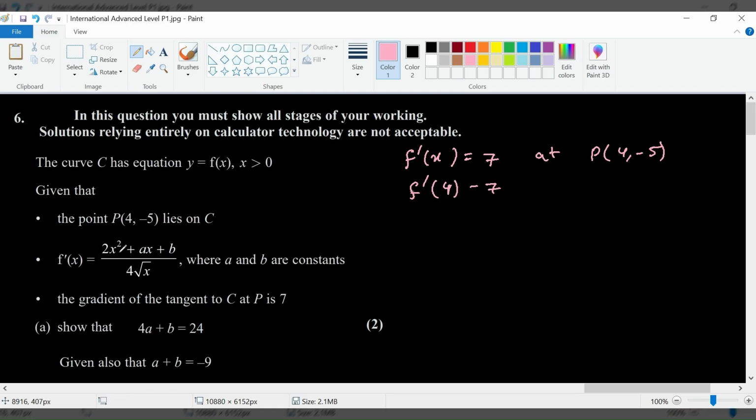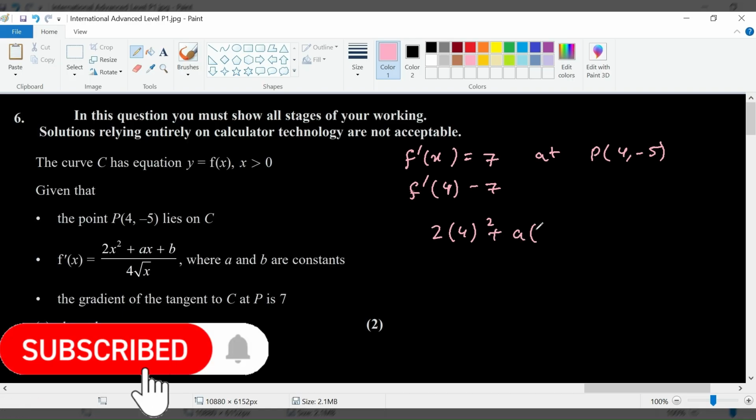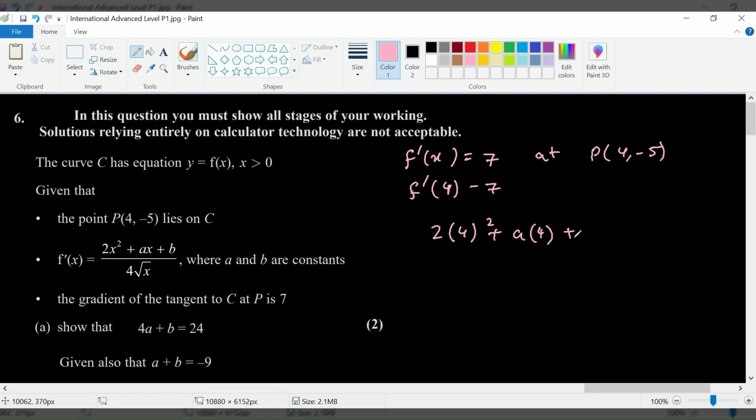Now, once we put this value of x into the equation given, we can say that it is 2 times 4 square plus a, and again I will use 4 substituting x, and plus b over 4 under root x.